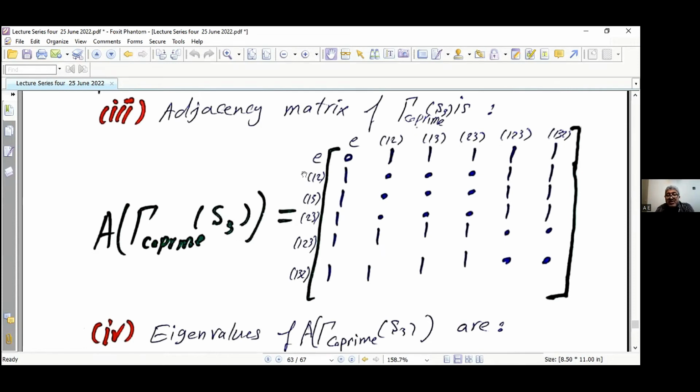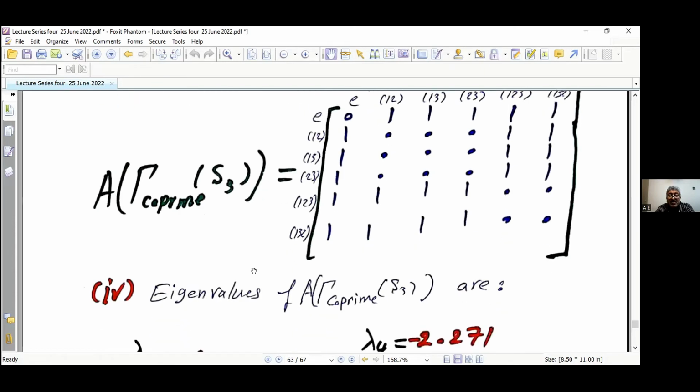For example, (1 2) and identity is 1. (1 2) and (1 3) is 0 because they have the same order and they are not coprime. (1 2) and (2 3) is again 0, but (1 2) and (1 2 3) is 1 because we have an edge between them. And similarly for (1 2) and (1 3 2) is 1.